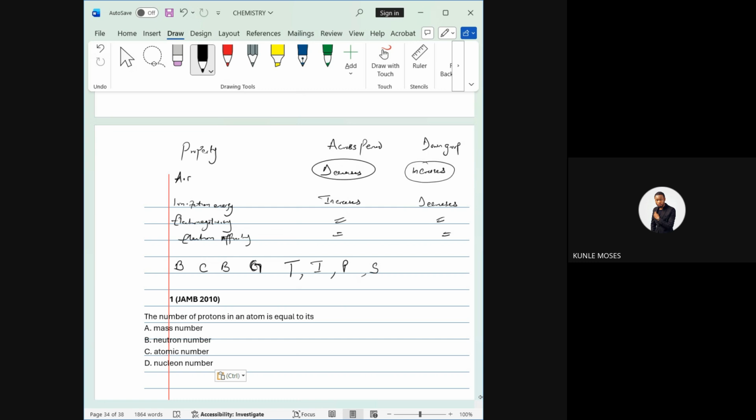You guys are delaying us. What is the formula for mass number?